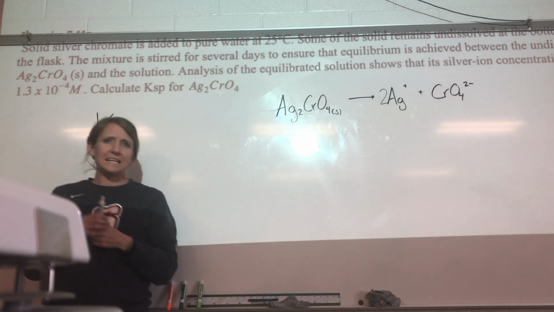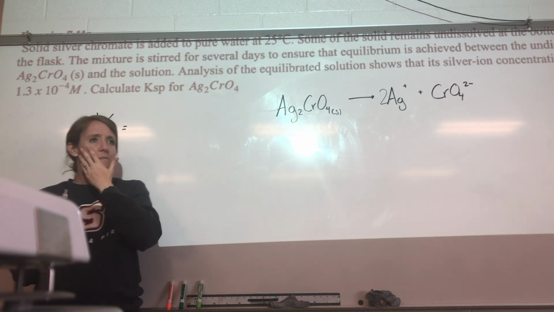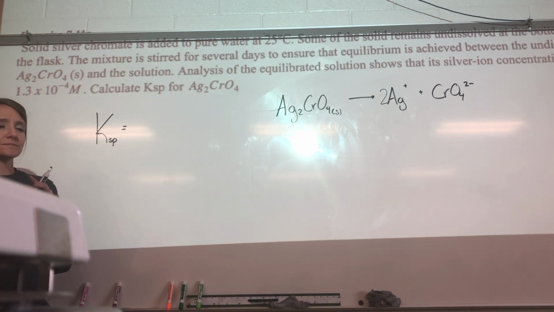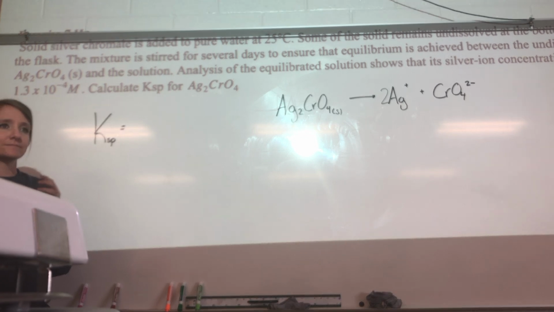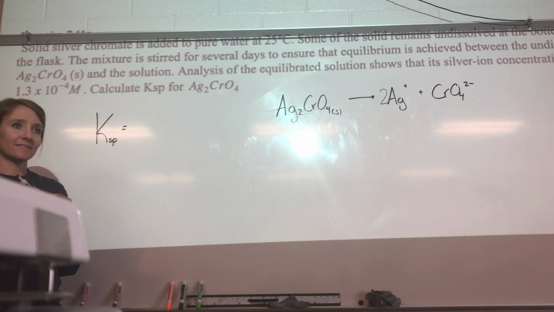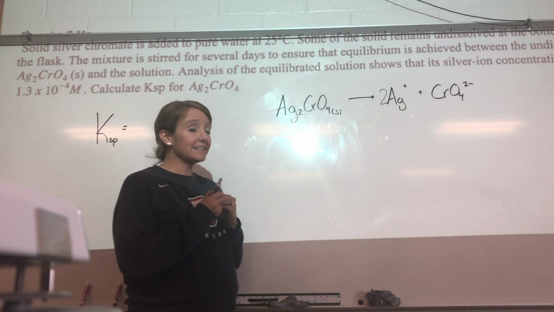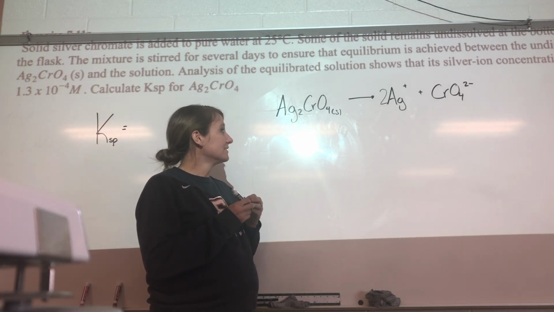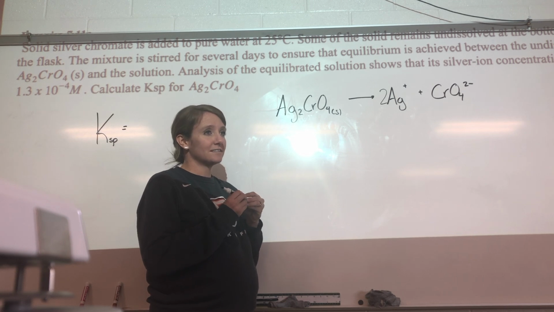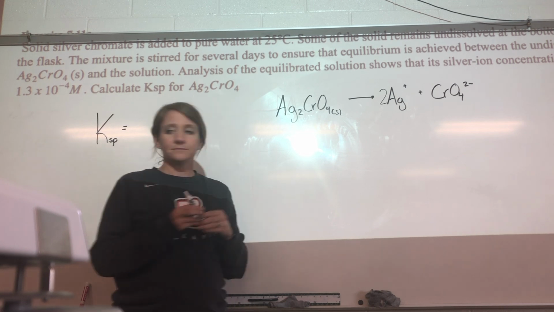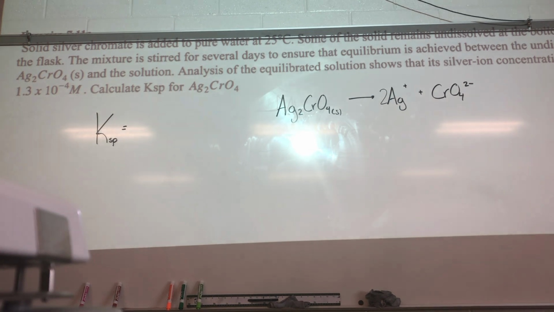So why, Andrew? So the little 2 means that those 2 elements are bonding together. Like H2 is just 2 hydrogens that are bonded together. But 2 silver means that there's 2 separate that aren't bonded together, but they're in there.